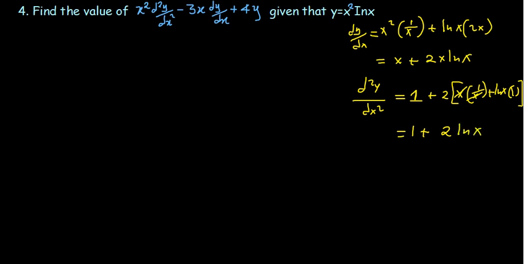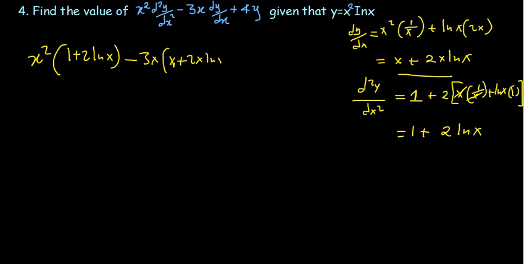Now we can come here, we have got x squared, and then where there is the d2y over dx2 we're going to put this. So we have 1 plus 2 natural log of x, and then minus 3x. Where there is dy over dx we're going to put that, x plus 2x natural log of x, and then plus 4y.